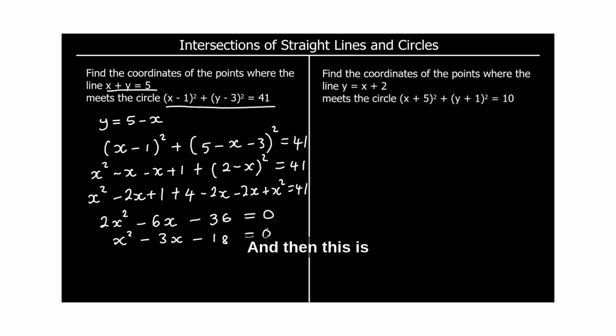And then this is one that factorizes. We could use the calculator at this stage, but this is a 3 and 6. So it's (x plus 3)(x minus 6). So we can say x is equal to negative 3, or x is equal to 6.